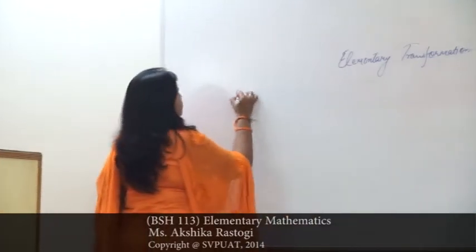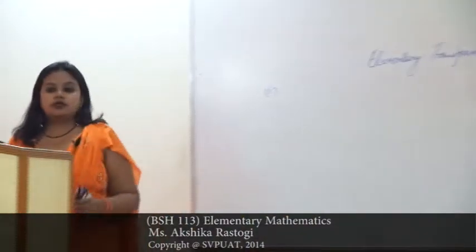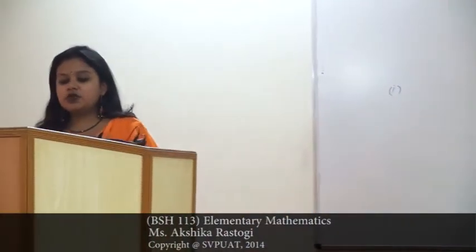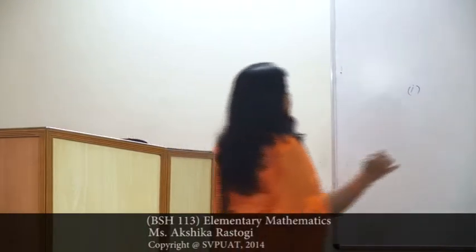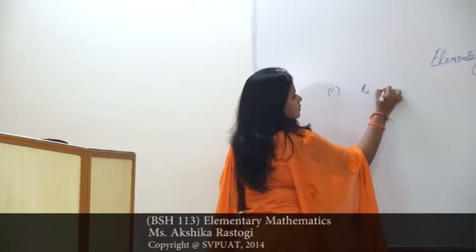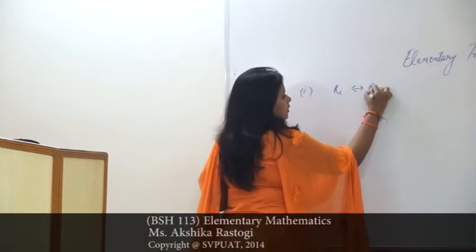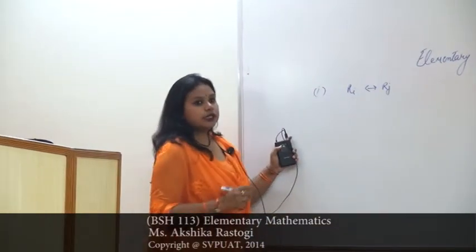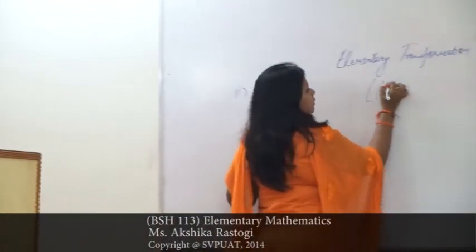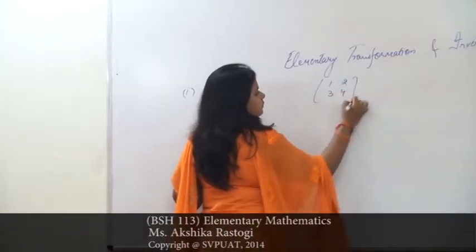Our first elementary transformation is the interchange of ith and jth rows, meaning we can interchange any given row. Suppose a matrix is given, 1 2 3 4, for example.